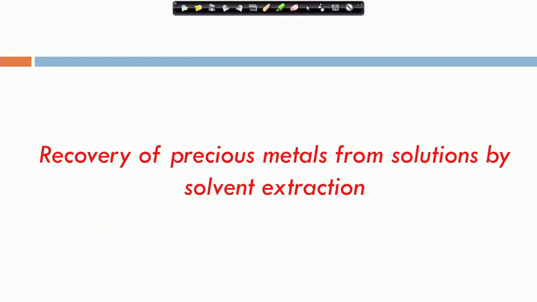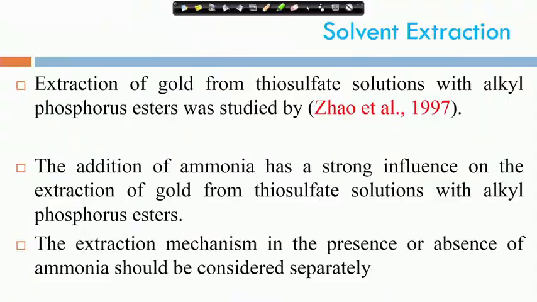That is one we saw. What we saw so far is in terms of getting things into the solution. The same thing we can do by solvent extraction as well. We will look at some examples. There have been studies where they have tried to extract gold in thiosulfate solution with alkyl phosphorus esters.